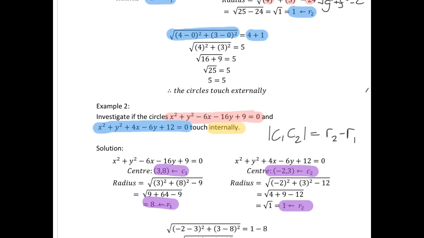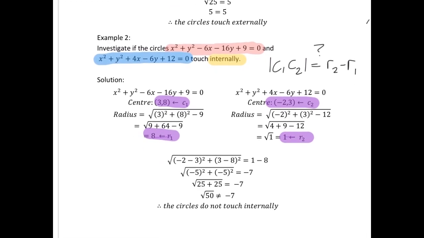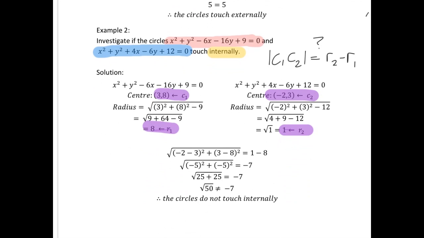So now, given those four values, we're going to go ahead and test this to see, do we actually have this equality? We can see that when we work out the distance between our centers, we get the square root of 50, which is approximately 7.071.